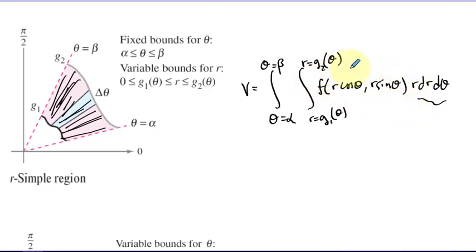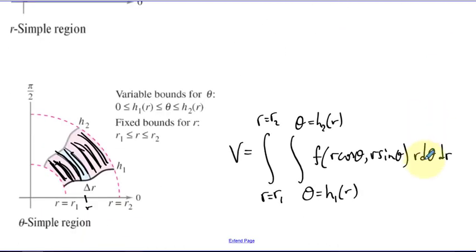We multiply R times whatever this polar function is, and then have these differentials where we integrate with respect to R, and then theta. In this case, here we would multiply R times whatever formula happens to be here, and then we integrate with respect to theta, and then finally integrate with respect to R at the end. So we still get this factor of R. It doesn't matter what order of integration we do.